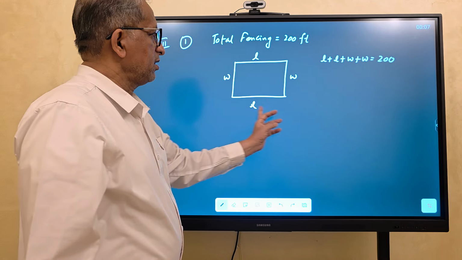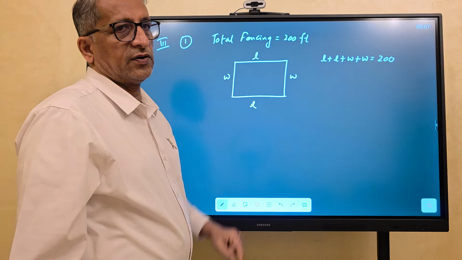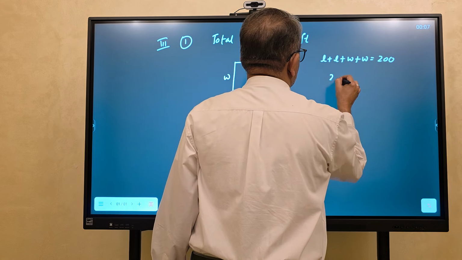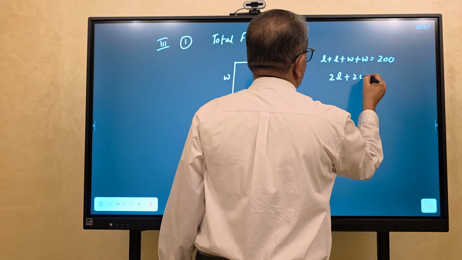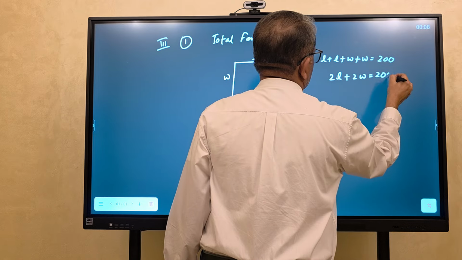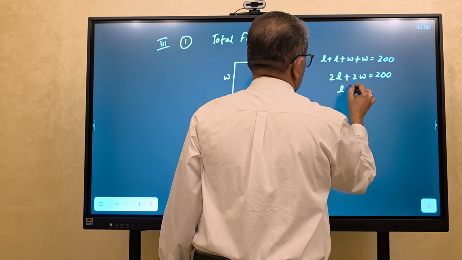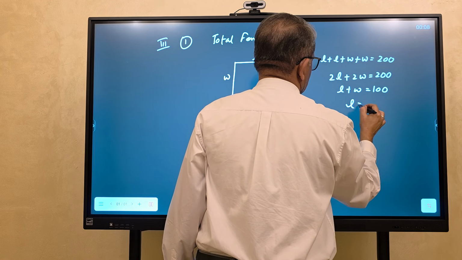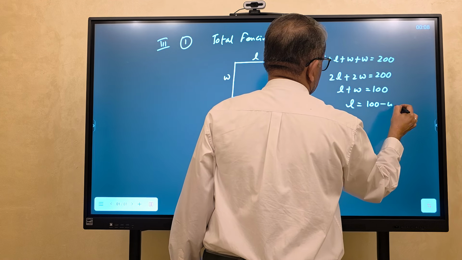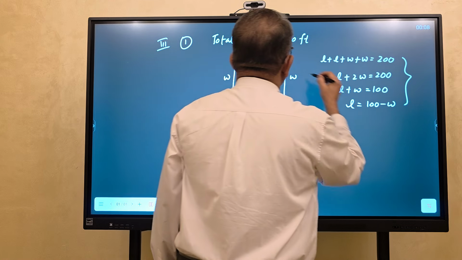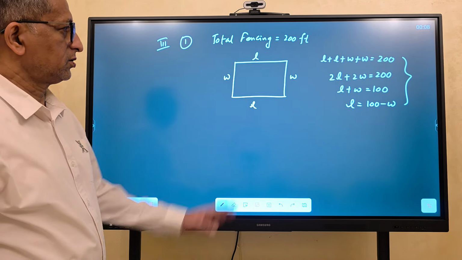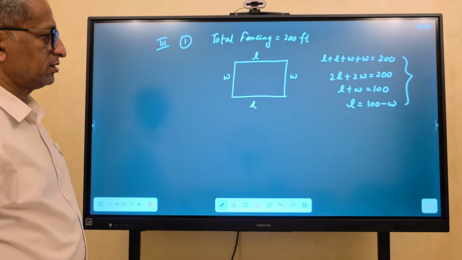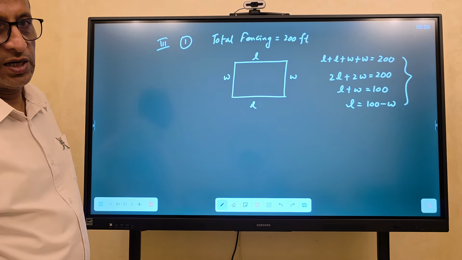So 2L plus 2W is 200. Cancel 2: L plus W equal to 100. L is equal to 100 minus W. So this is what is given to you.